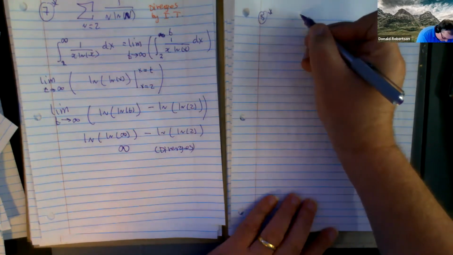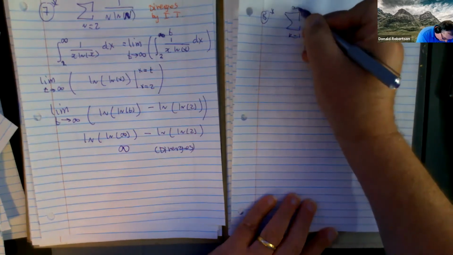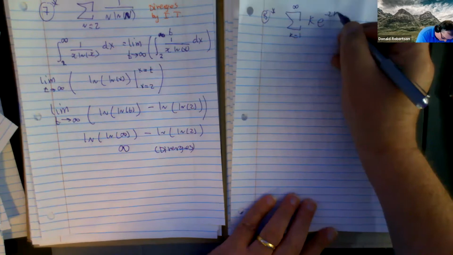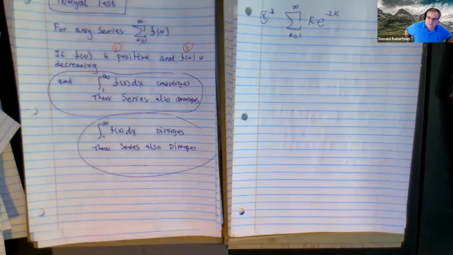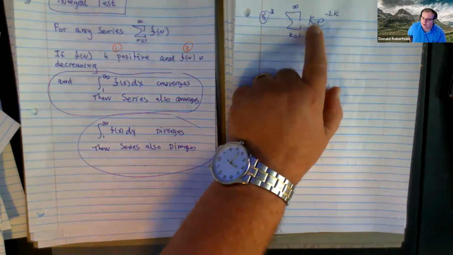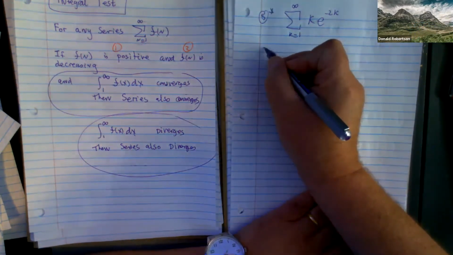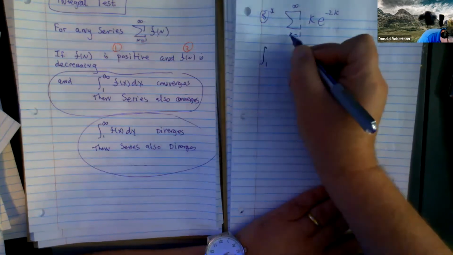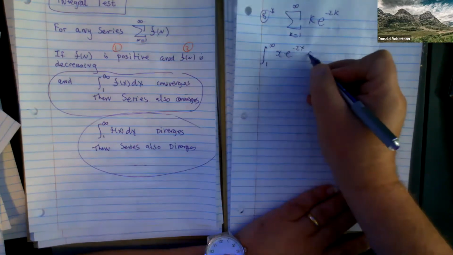We are looking at, and because they want to, they've changed it. Let's do that one. Okay, let's just assume that the function is positive and it's decreasing, which it will be. And now we're going to find the integral from 1 to infinity of x e to the negative 2x dx.